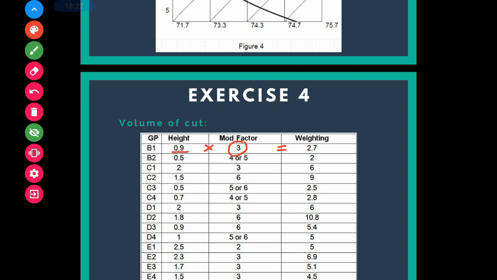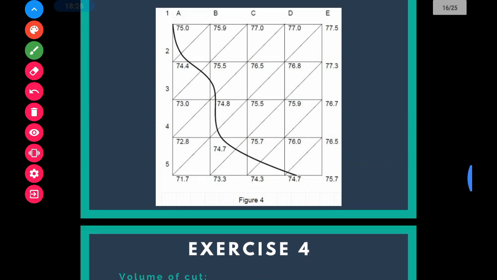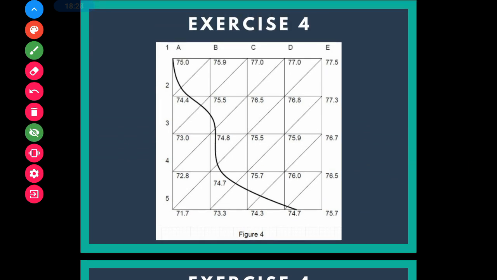Next, let's take a look at B2 for example. This one is B2. The height will be the original 75.5 minus the RL, which is 75, so the height will be 0.5.